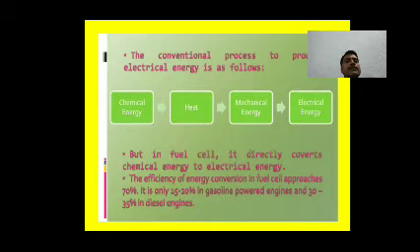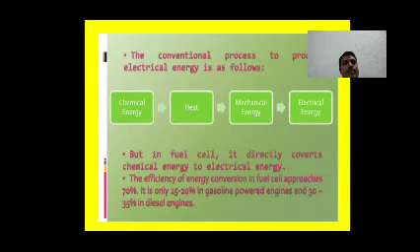But in fuel cells, it directly converts chemical energy into electrical energy.